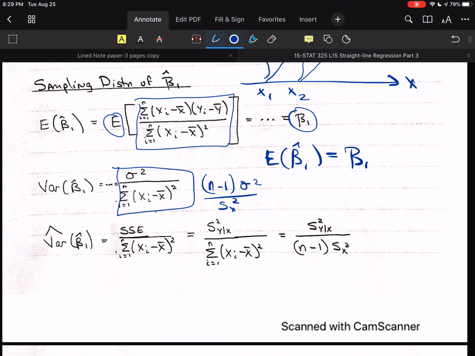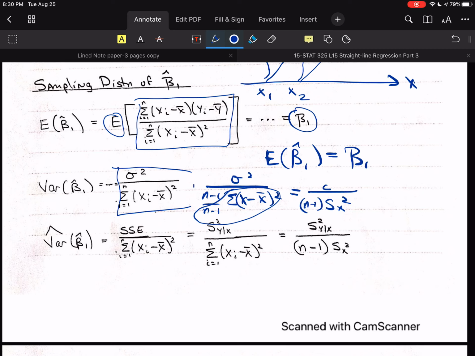Another way to write it: if I multiply on the bottom by n minus 1 over n minus 1, we get that the sum of x minus x bar squared over n minus 1 is s sub x squared, and then we'll have n minus 1 on the bottom. I thought that looked wrong, and it was. So there's another way to write it.